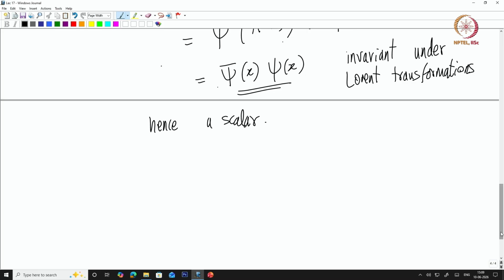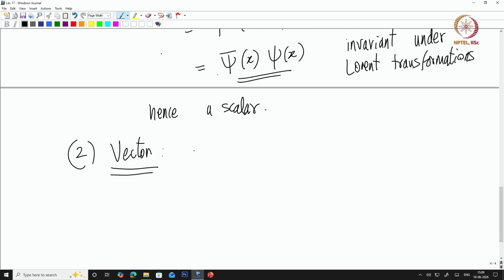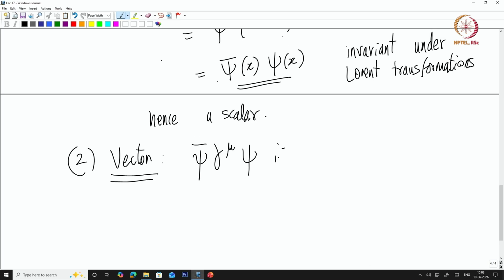Now, this can be clearly seen. I will not do the other examples, but let me do one more example which is important and useful for us, which is the vector. The claim is that psi bar gamma mu psi is a Lorentz vector.